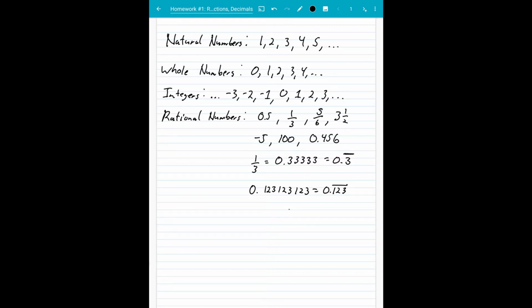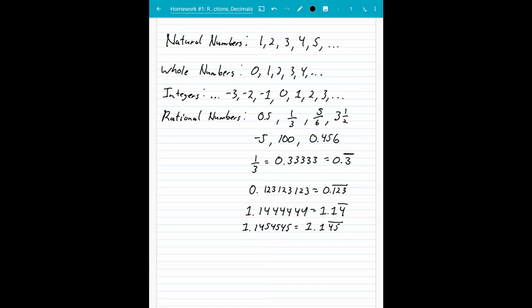You might even have a number like 1.14444444. Notice the 4 is the only thing that repeats, so we would write 1.1 and put a line over the 4 only, because the 4 is what's repeating. So if it was like 1.1454545, we would say the 4 and 5 are repeating.